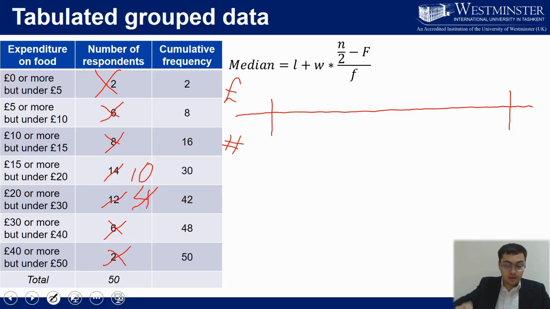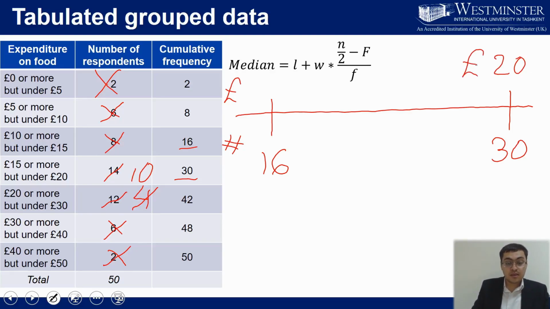So in the top, under the cumulative frequency, I'm going to write here 30, and the lower boundary for this is going to be 16. So basically I took these two numbers and I put them there. Now I know that the top part of this range is 20, so this is here 20 pounds, right?